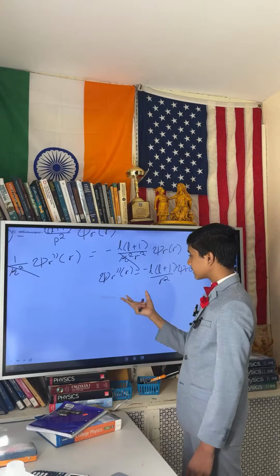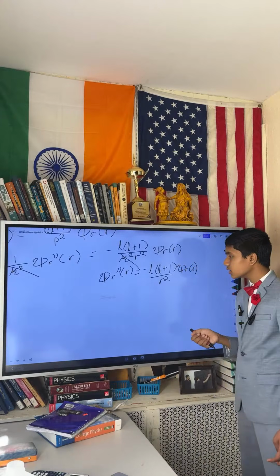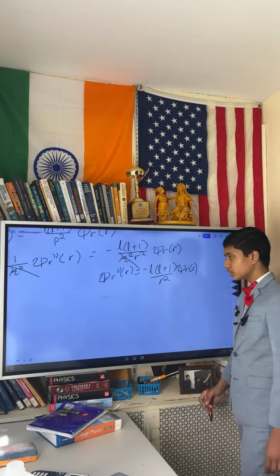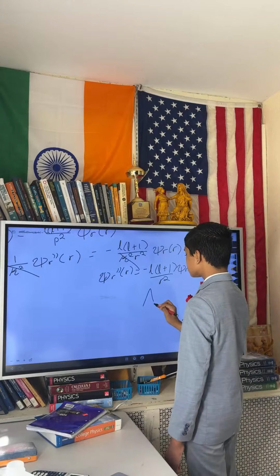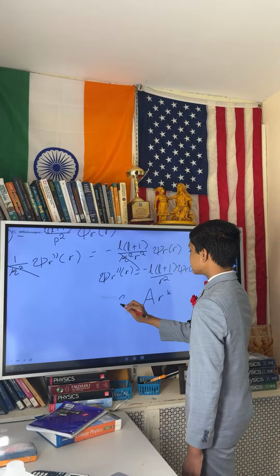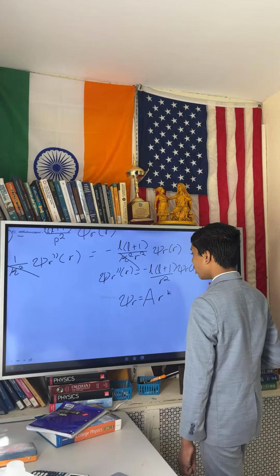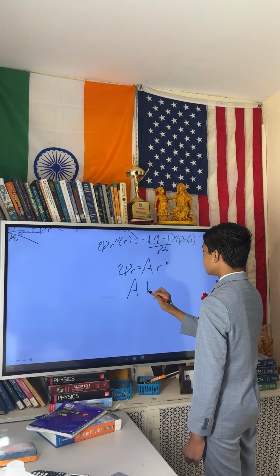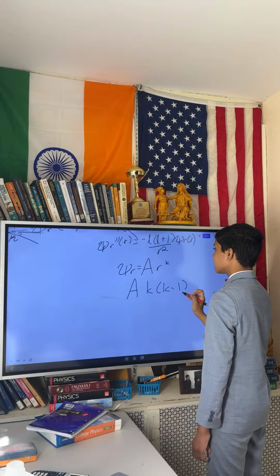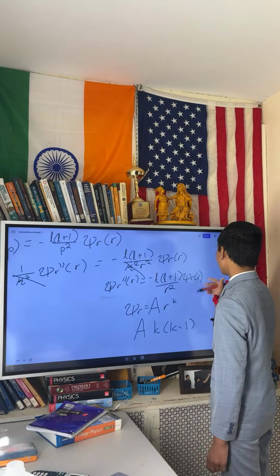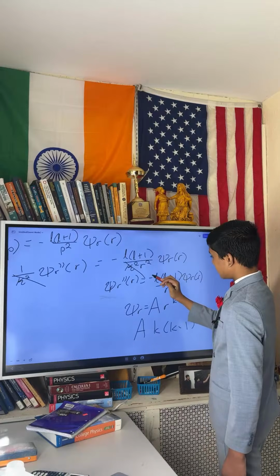because it looks like taking the second derivative of psi r decreased its degree by 2, which is standard for a monomial. So we take A r to the k as an ansatz for psi r, and then we get A multiplied by k multiplied by k minus 1. Is there supposed to be a negative sign there? I think I made a sign error.